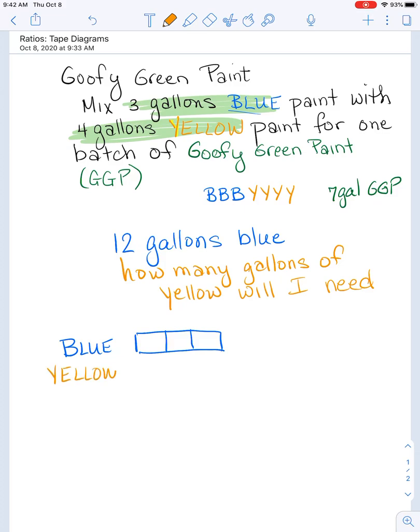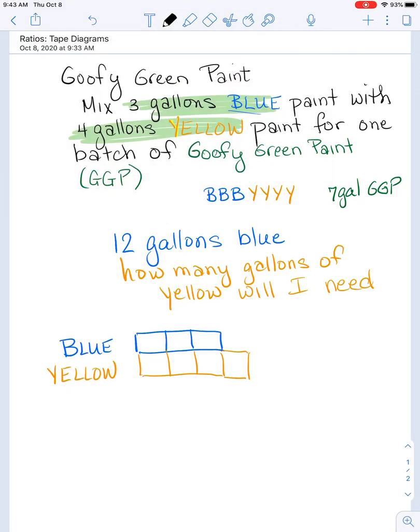So I'm going to label this yellow, and you can make this attached or not. I like to make it attached because then it gives me a guide for making the yellow boxes about the same. Okay, so this is actually a tape diagram picture of a ratio of blue to yellow of 3 to 4. 3 boxes to 4 boxes.